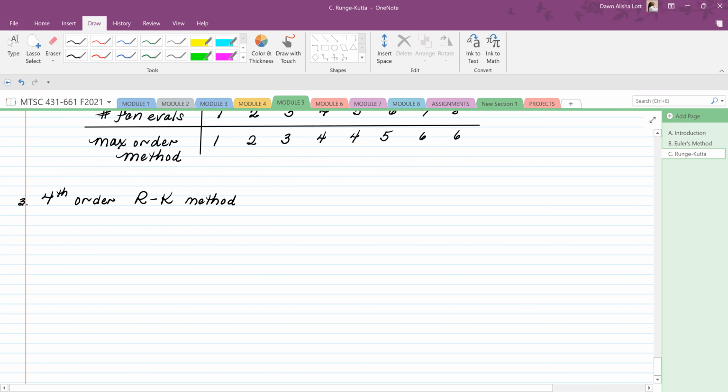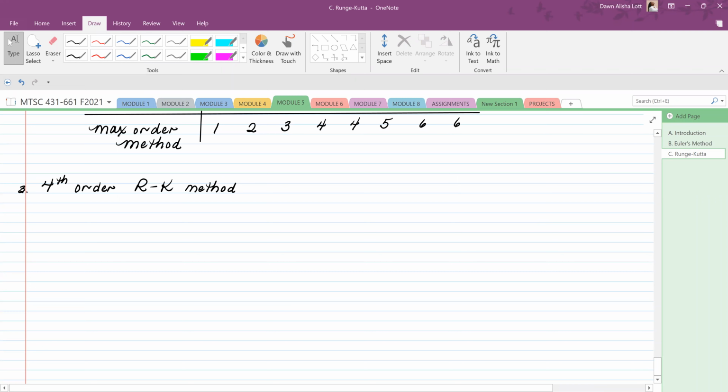All right. So a lot of times we use V, just because of the way it was derived, is equal to yn plus h over 6. Actually, this is really no different than how I wrote it before.